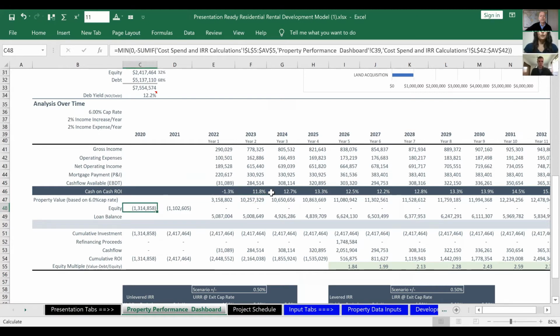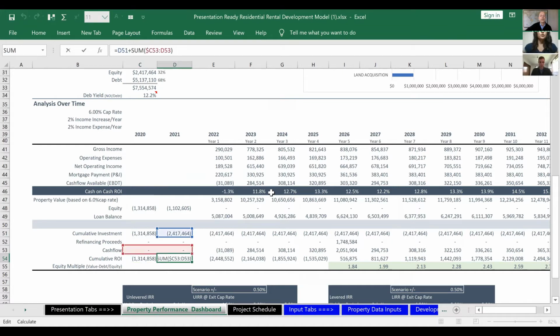You have your equity going in, your loan balances, and your cumulative return on investment, which is pretty much your investment minus what you've been able to get from your cash flow over time. As you notice here, by year 2026, we've regained what we've invested in the project, and now we're making this much in cash every year going forward.